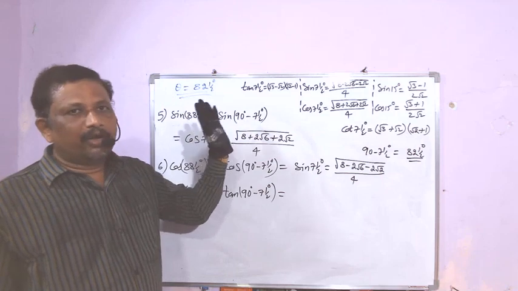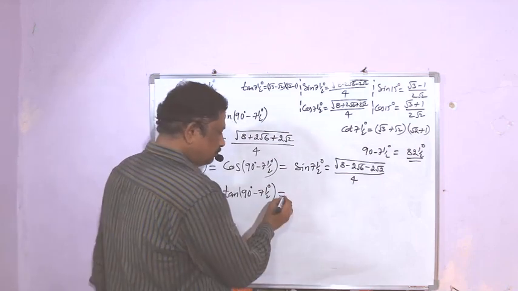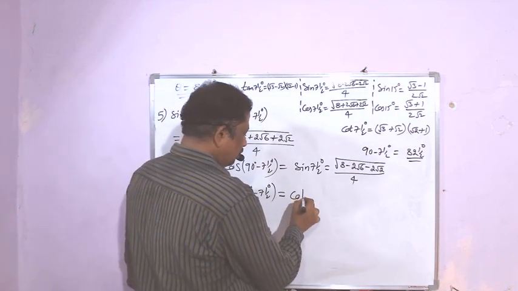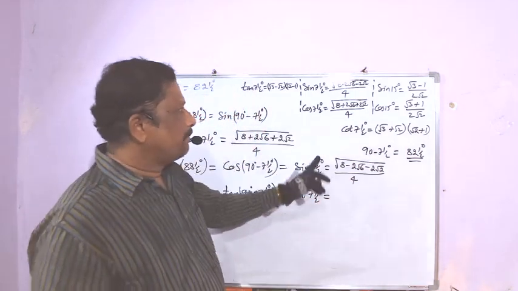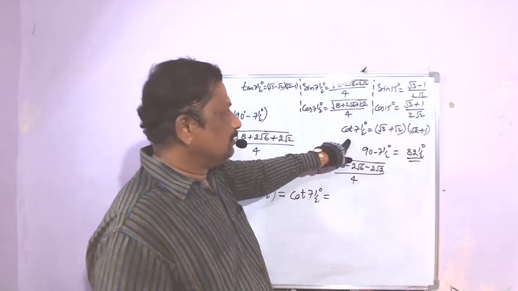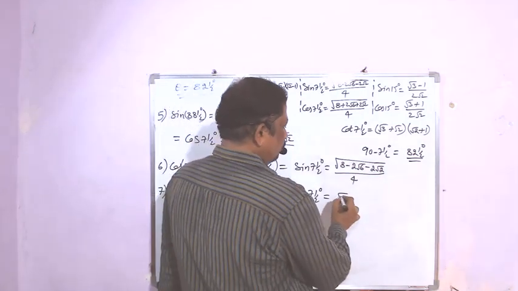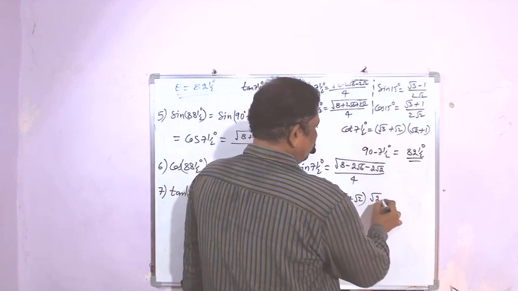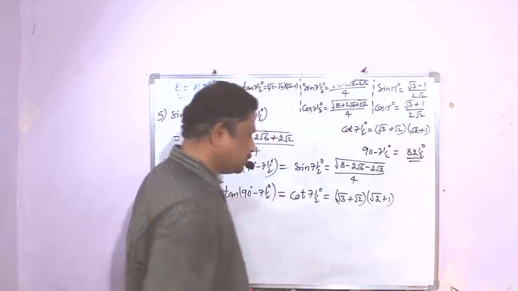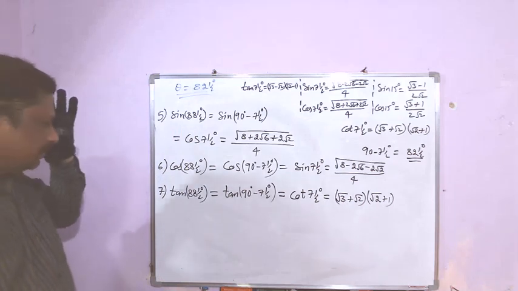It is operating on the y-axis. Tan is converted into cot 7.5 degrees. What is cot 7.5 degrees? Already we found that: root 3 plus root 2 into root 2 plus 1. Okay. Next one.